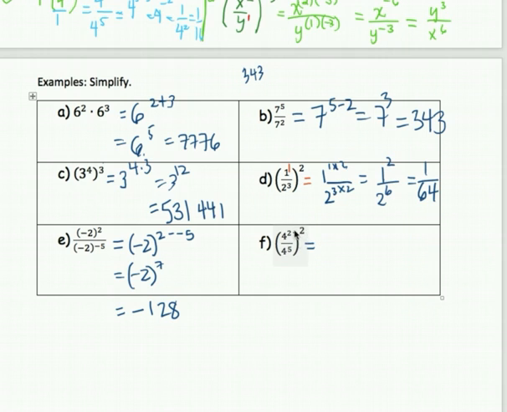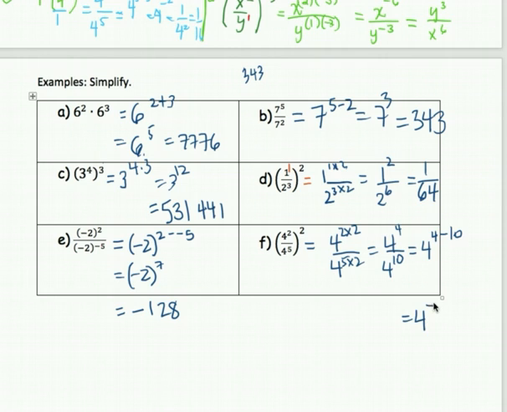Okay, and last one here. If this exponent 2 is on the outside, it can multiply to the exponents on the inside. Okay, so then we get to there. Then we know we can divide these, so you subtract the exponents.